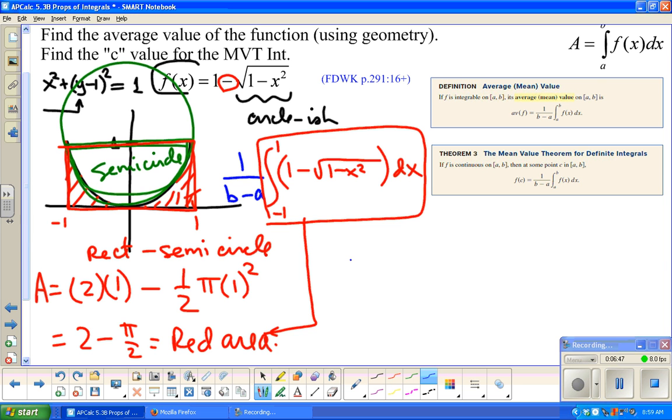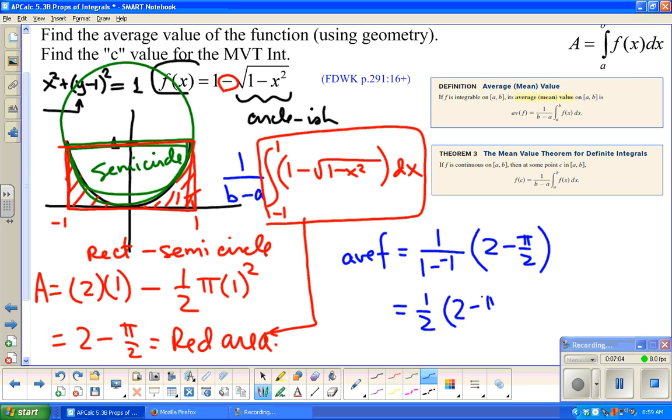So now the average value of f is equal to 1 over 1 minus -1, b minus a, times what we just said was that area. So half of 2 minus pi over 2.